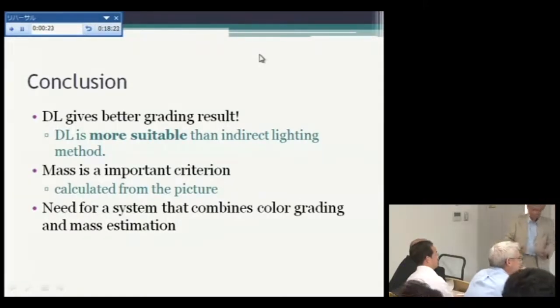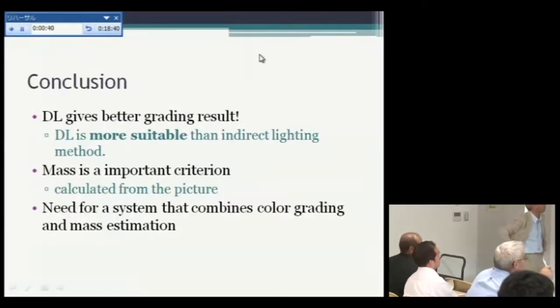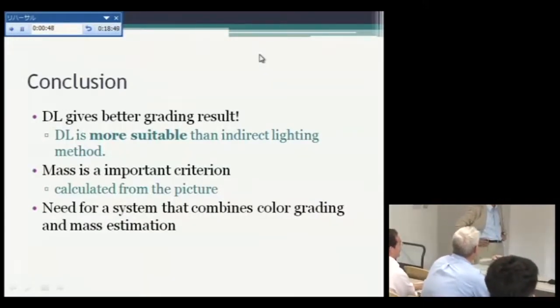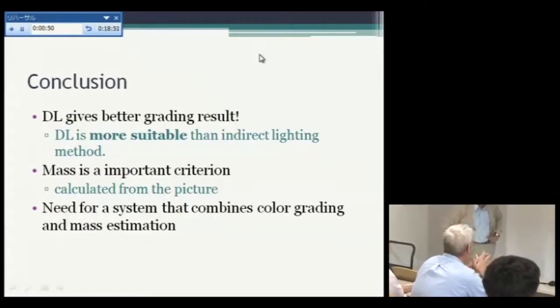Oh, I only concluded that direct lighting gives a little cheap... So I connected other things. Yes. Okay. Also, usually when you're talking about grading, you don't talk about mass, you talk about weight. Mass is more a physics term rather than a horticulture use.